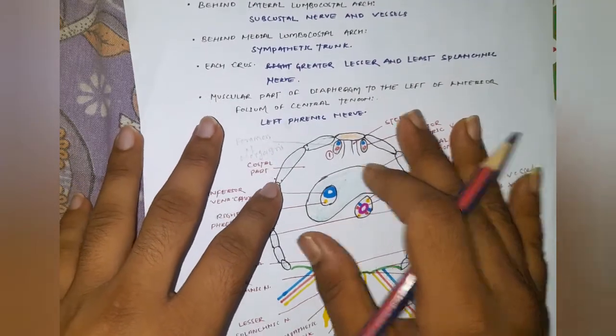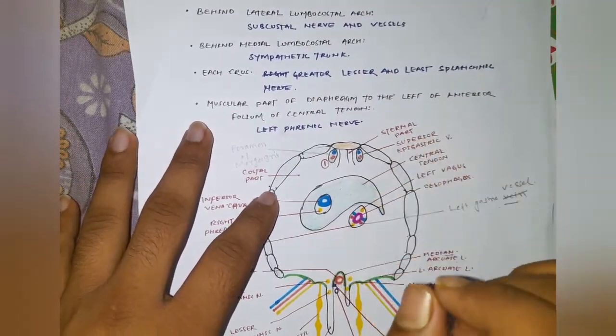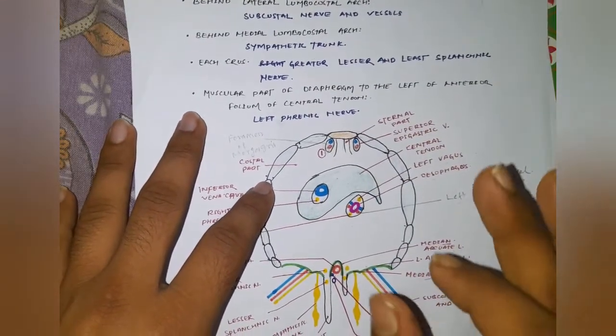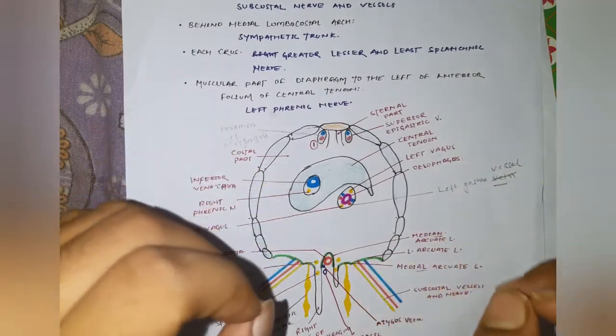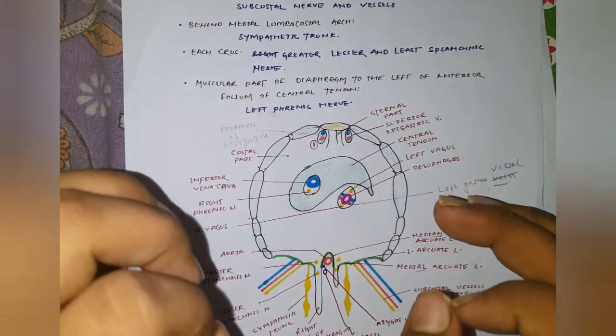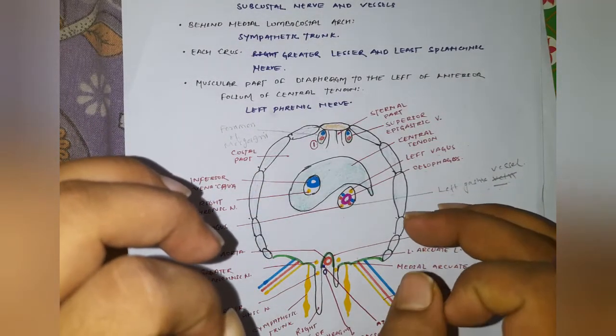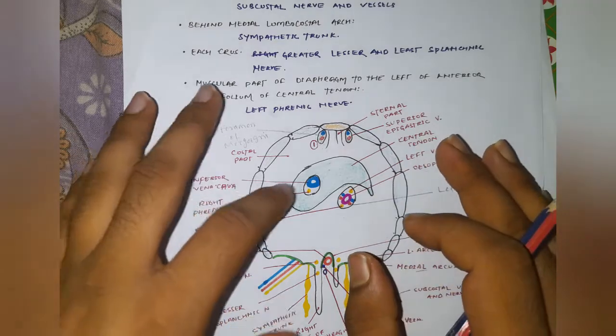Now go to the third part. Subcostal vessels and nerves are structures present behind the lateral arcuate ligament.